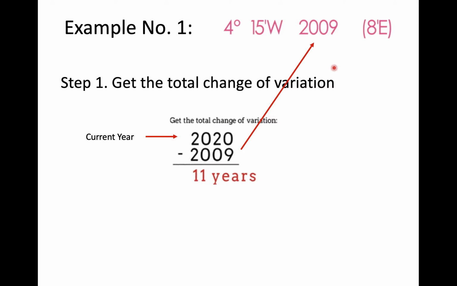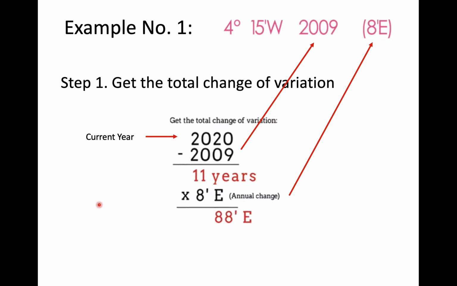So let's multiply 8 minutes east by 11 years. 11 years times 8 minutes east is equivalent to 88 minutes east. That's the total change of the variation since 2009, for the 11 years.